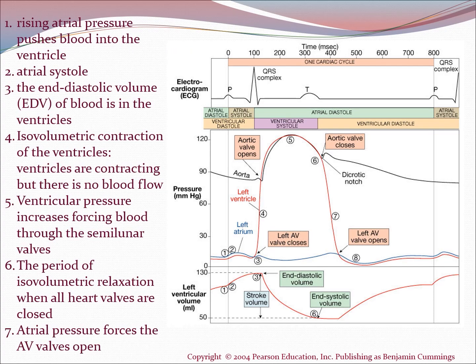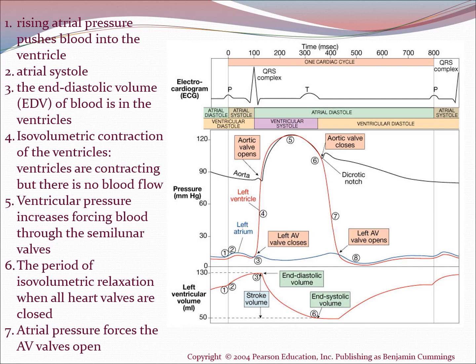This is a quick overview of what is happening during the cardiac cycle, and then we will break it down even further. You'll notice that the circled number 1 on the graph will correspond with the numbers on the left-hand side of the slide. First, there is rising atrial pressure that pushes blood into the ventricle, and this is reflected on the blue left atrial line on the graph.